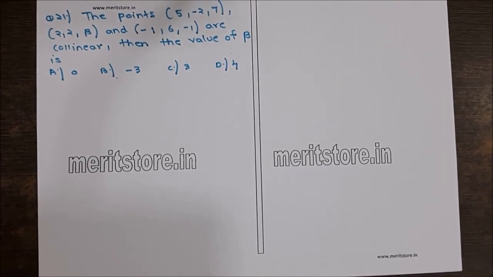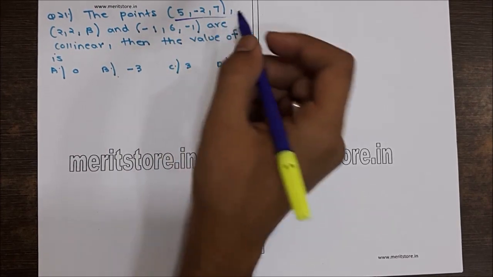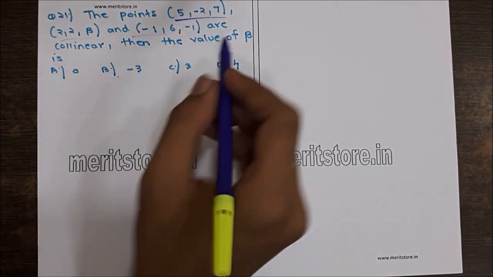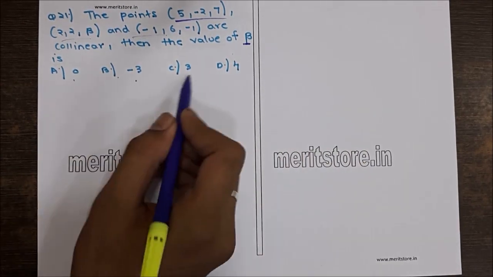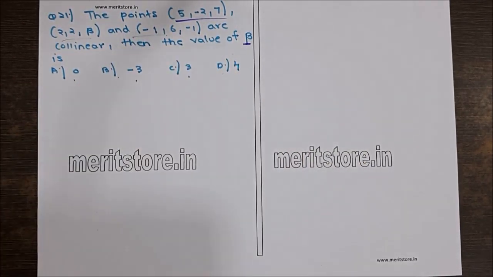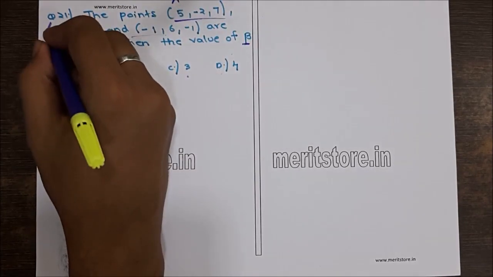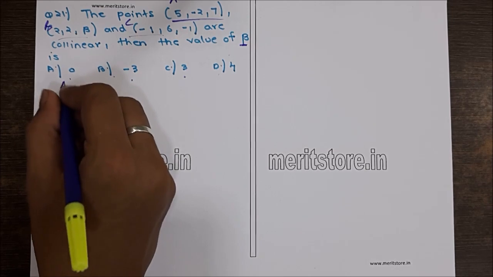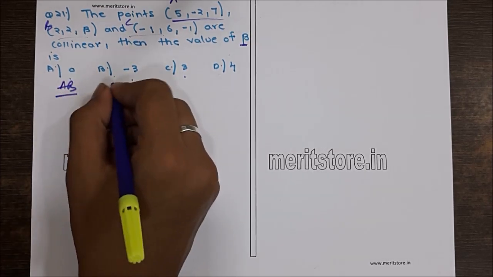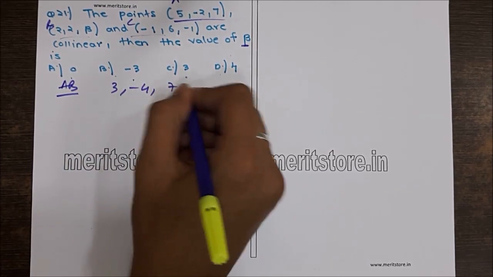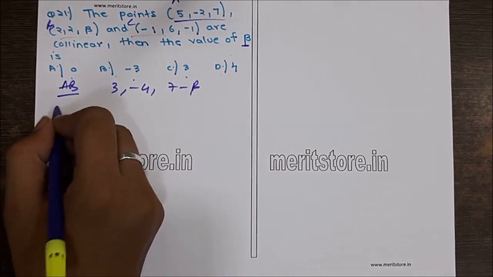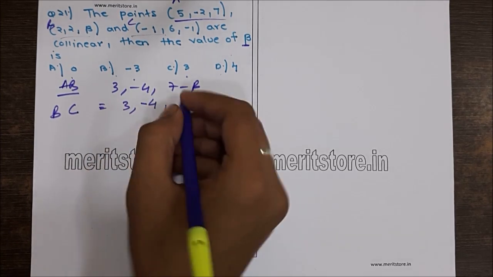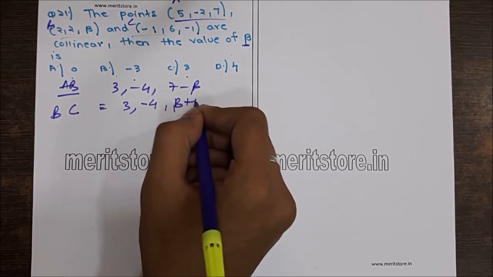Question number 21. The following points A, B, C are collinear, then the value of B would be 0, -3, 3 or 4. So we know that these points are collinear, right? So let this be point A, B and C. So the direction ratios of AB would be 3 minus 4 and 7 minus B, and that of BC would also be 3 minus 4 and B plus 1.